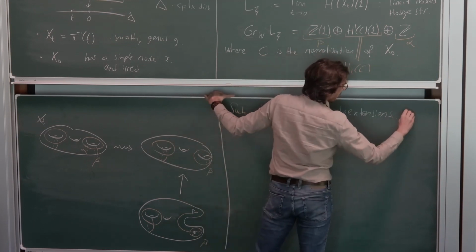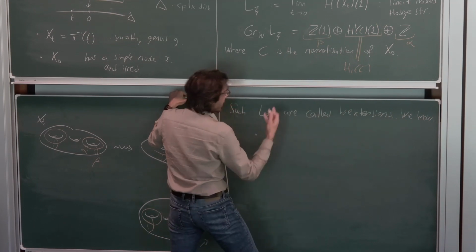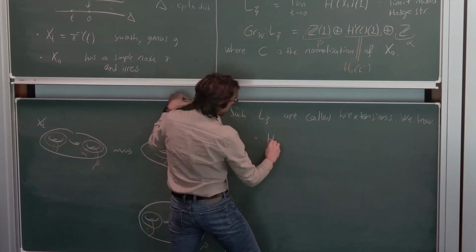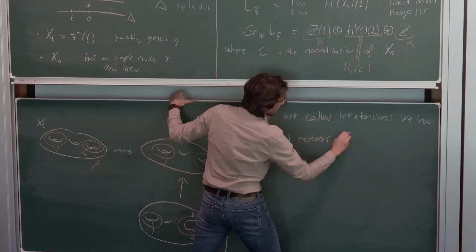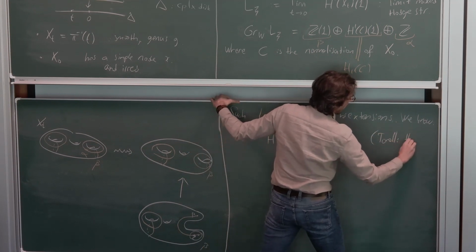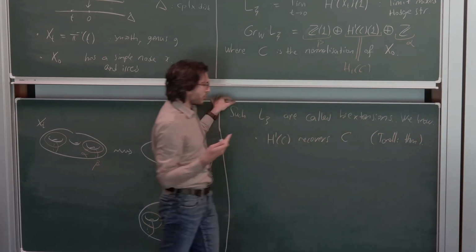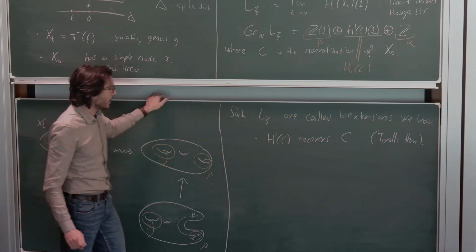So we know the following. Even the central piece recovers C. This is Torelli's theorem. So the limit mixed Hodge structure knows already a lot about the central fiber.